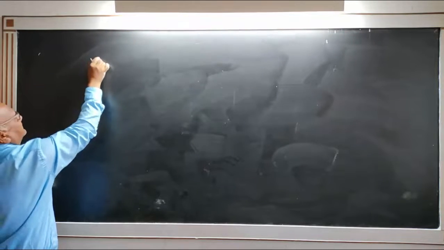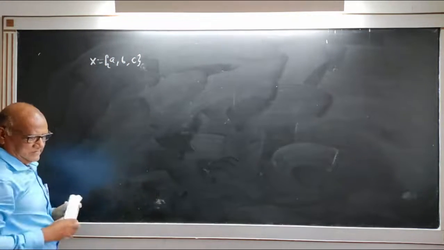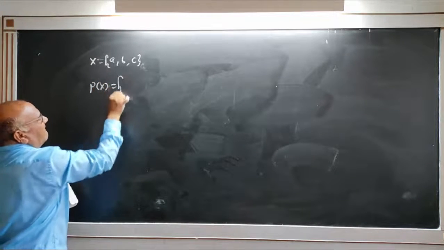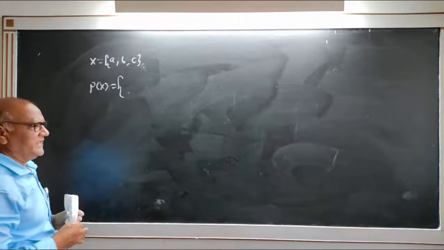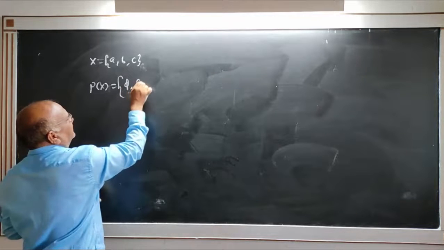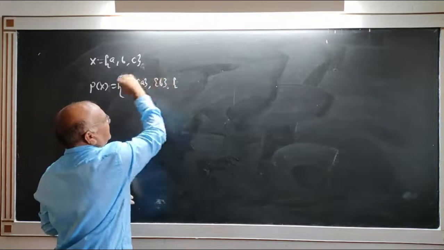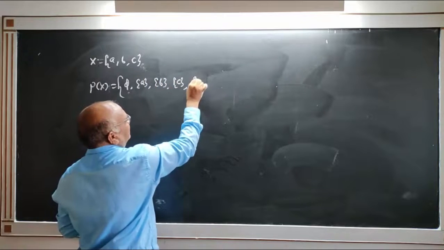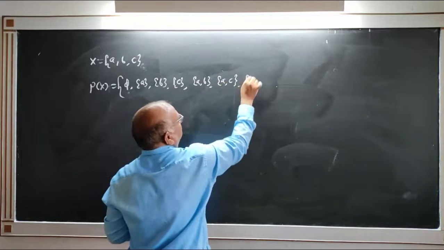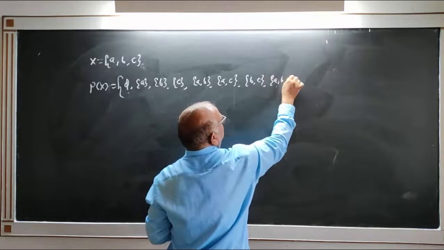Next example, X is equal to {A, B, C}. P of X contains phi, singleton A, singleton B, singleton C, AB, AC, BC and ABC.